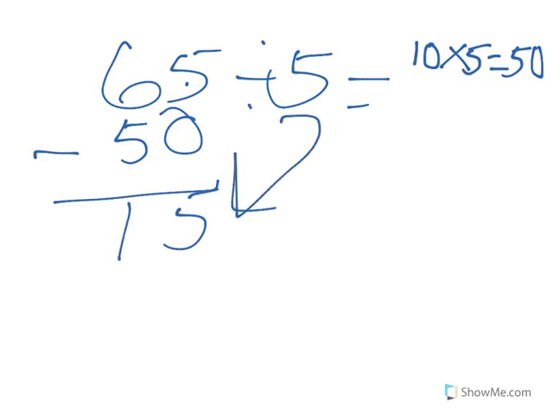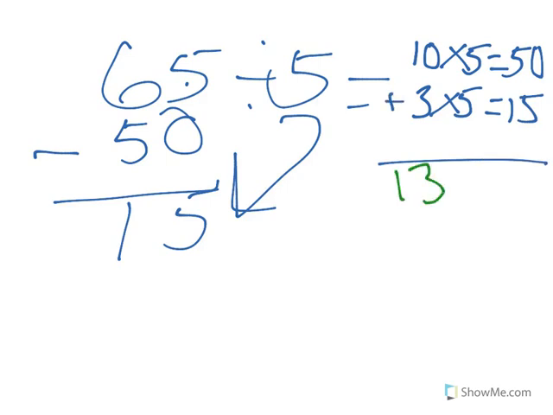Now 5 times what is 15? Good, 3. So 3 times 5 equals 15. Add those, 10 plus 3 is 13. And just to make sure this is right, it does equal 65. So my answer is 13.